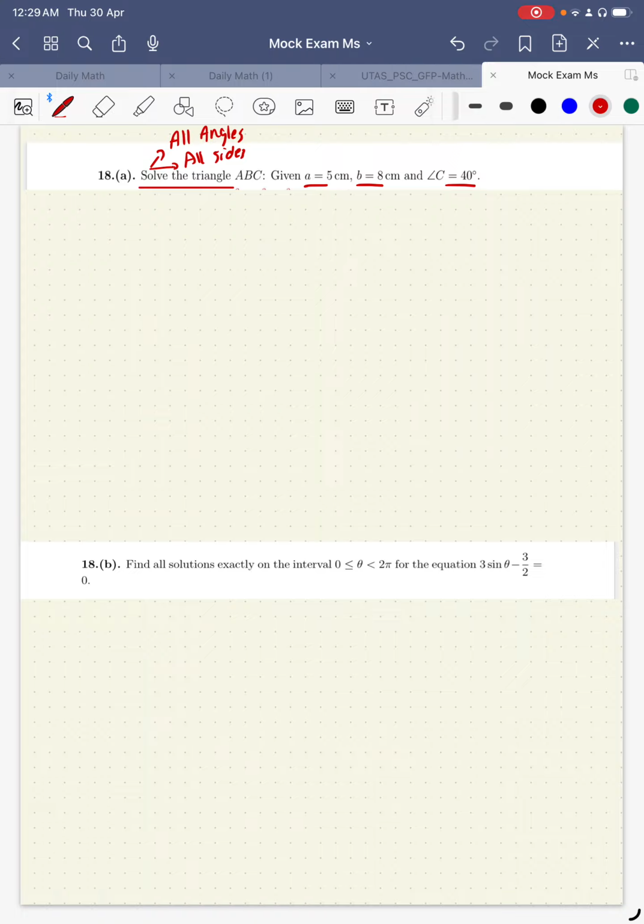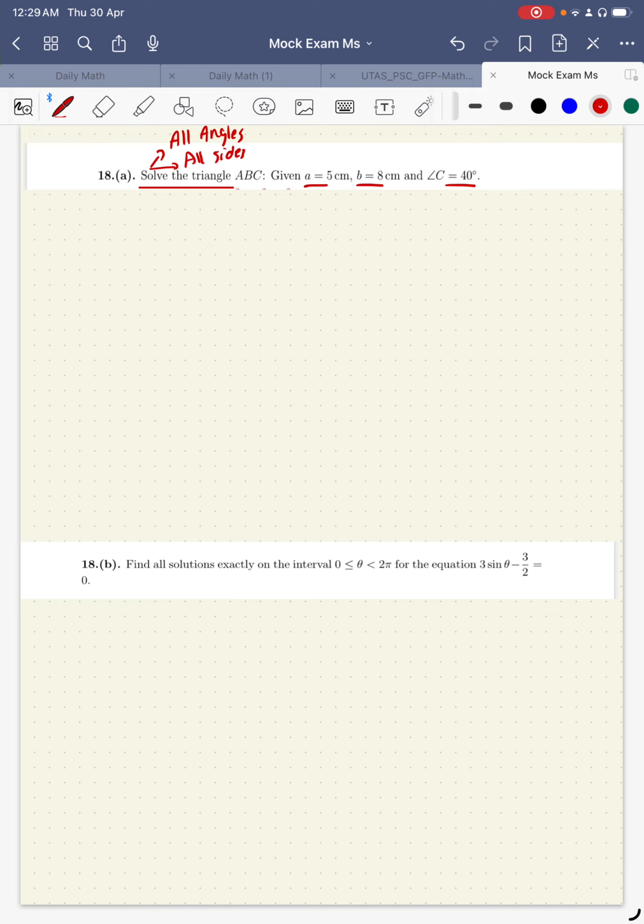If you remember correctly, I told you that we can use the sine law only if I have an angle and its opposite side. For example, if I have capital A and small a, I can use the sine law. If I have capital B and small b, or capital C and small c, I can use the sine law.